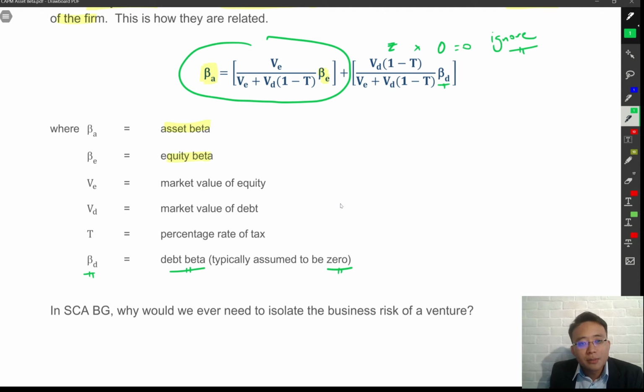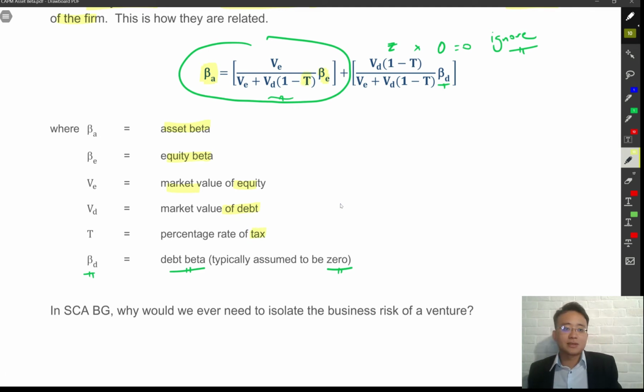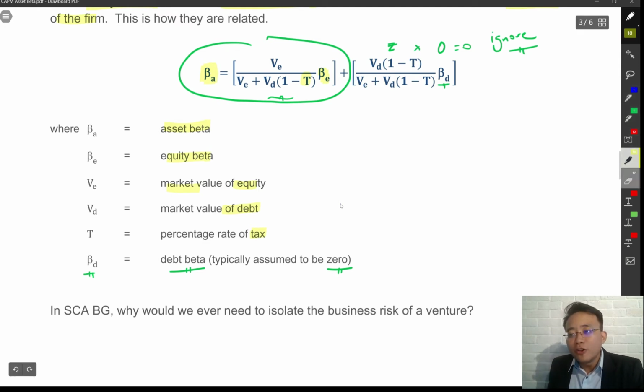Now, we then focus here. Alright, what is VE and what is VD and what is that T inside? Now VE is the market value of equity. VD, market value of debt. T, your percentage rate of tax itself. So what this formula is telling us is, if you really just want the business risk, I put as BR, okay?